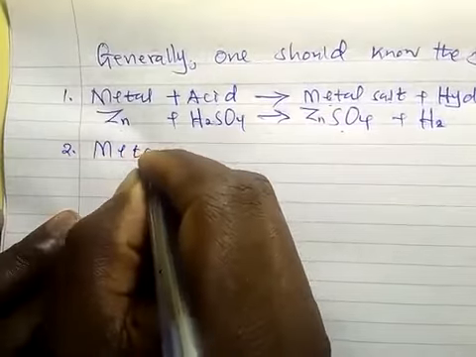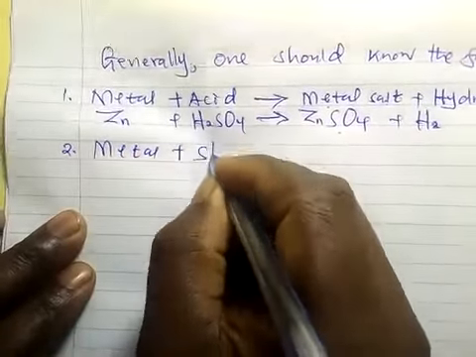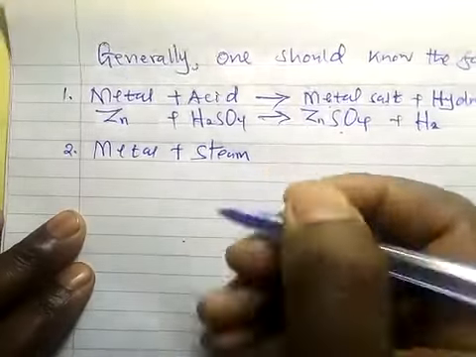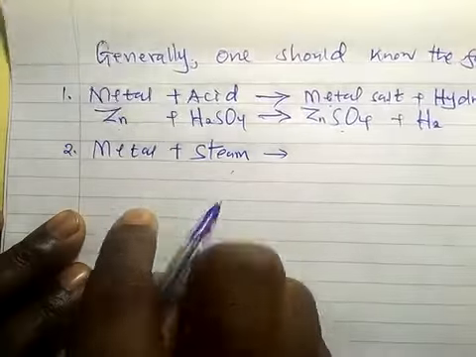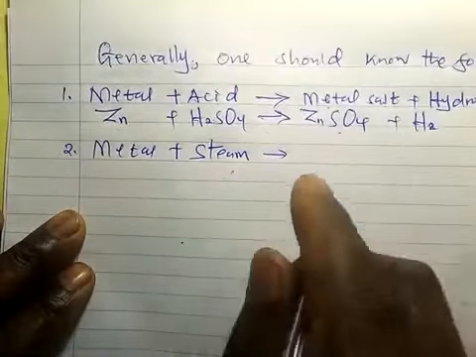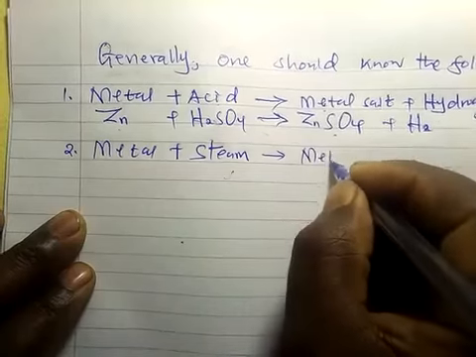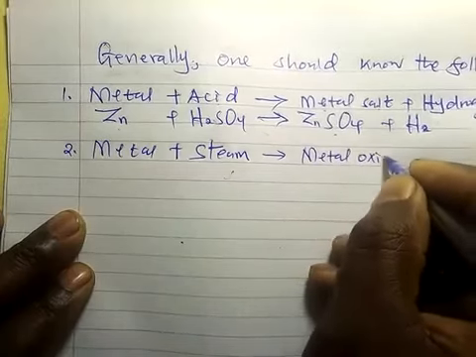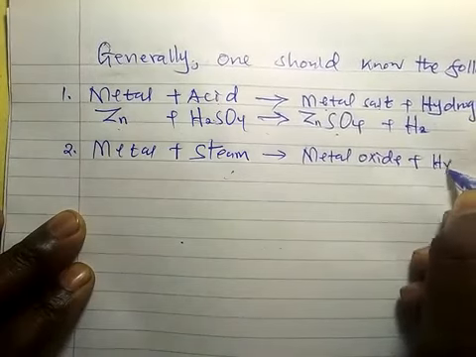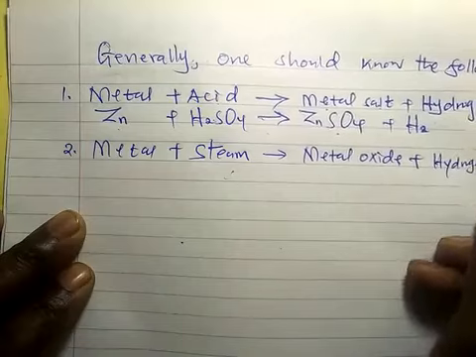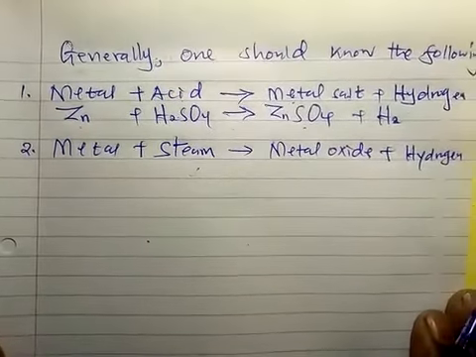Number two, metal plus steam. Steam is water but in vapor form. So what does it form? A metal plus a steam, you should know that it forms the metal oxide plus hydrogen gas, right?